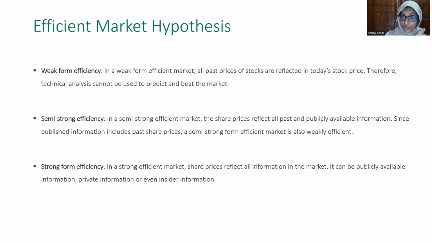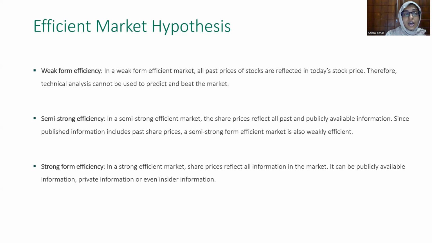In a weak form efficient market, all past prices of stocks are reflected in today's stock price. Therefore, technical analysis cannot be used to predict or even to beat the market. That is why it is called the weak form of efficiency. Then there is semi-strong efficiency.